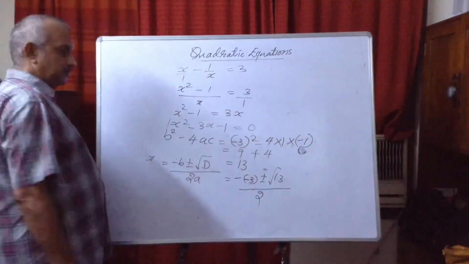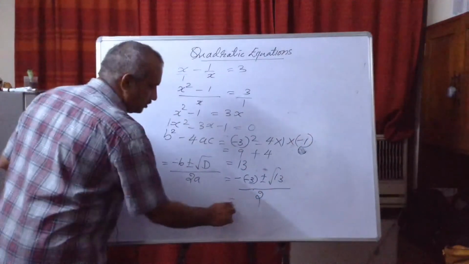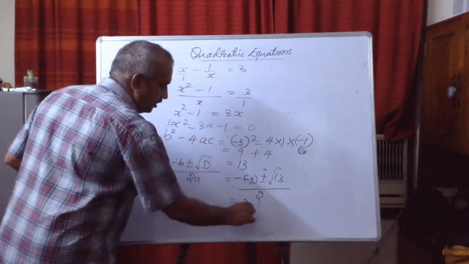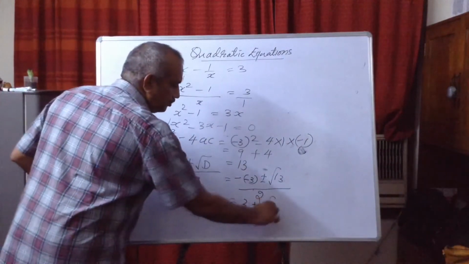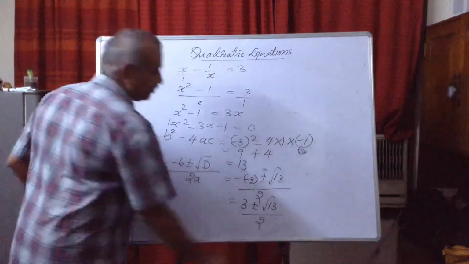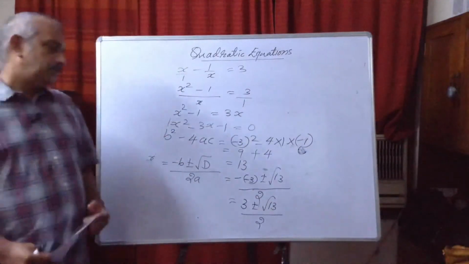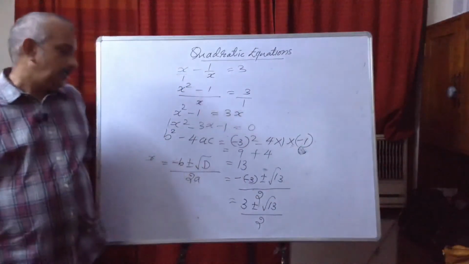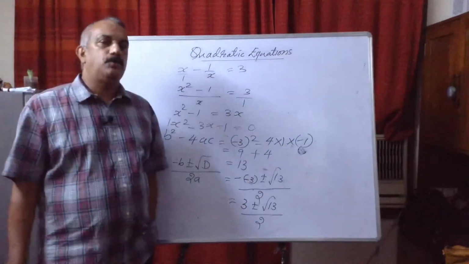This is the answer. Or you can write, this minus minus is plus, 3 plus or minus root 13 upon 2. So the roots are (3 plus root 13) upon 2 and (3 minus root 13) upon 2.